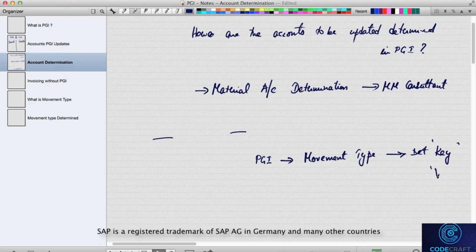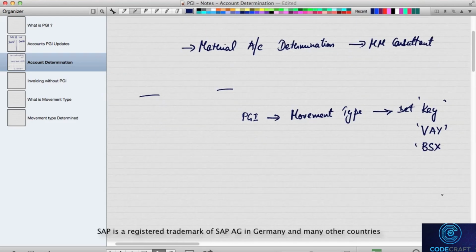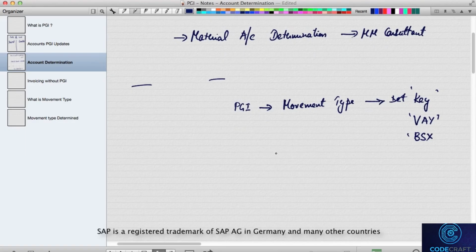Some examples are VAY, BSX. If you want to learn more about this, just go to the definition of movement type. Where are these movement types defined? OMJJ. This is the transaction where the movement types are defined.